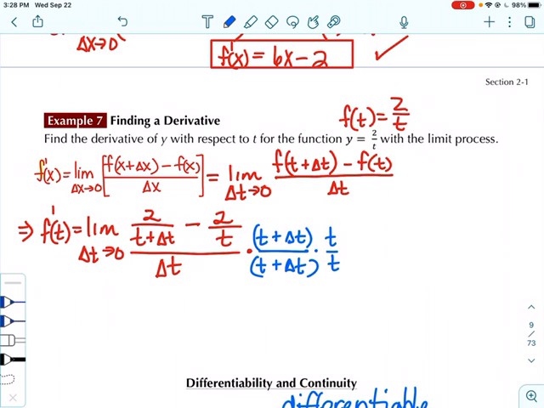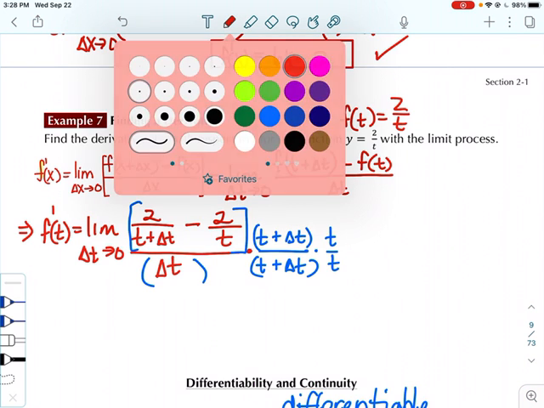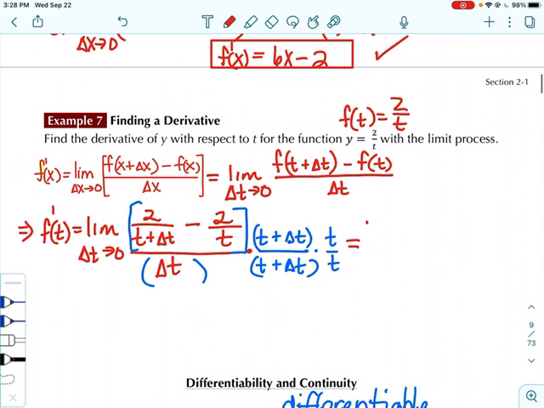So I'm going to take those and distribute them to the numerator and denominator. So here's what I get. This is equal to the limit as delta t approaches 0. So the first fraction becomes 2t. It's just 2t. Minus, then the second fraction becomes 2 times t plus delta t.